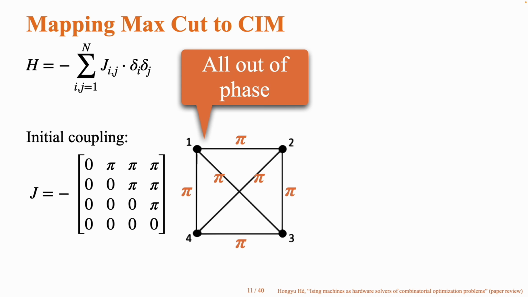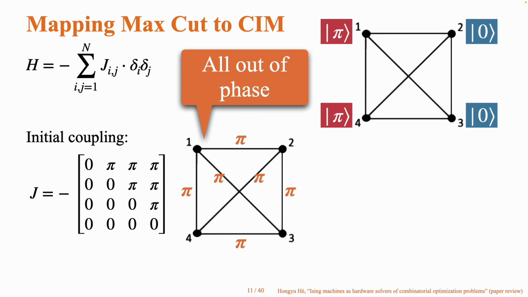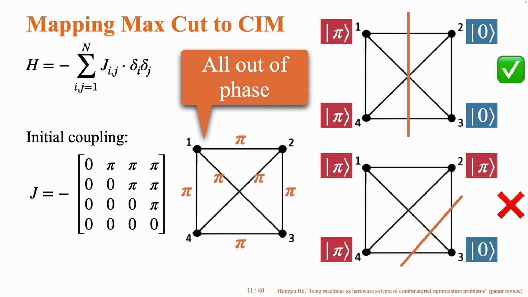And after a while, once this system stabilizes, if we get a solution like this, half of the spins is in a pi state, and half of them in another state, and this is the correct solution that we want. Otherwise, in any other configurations, we won't get the solution that we want. And it turns out, at least from the small scale experiments, you can achieve 100% exact solution.